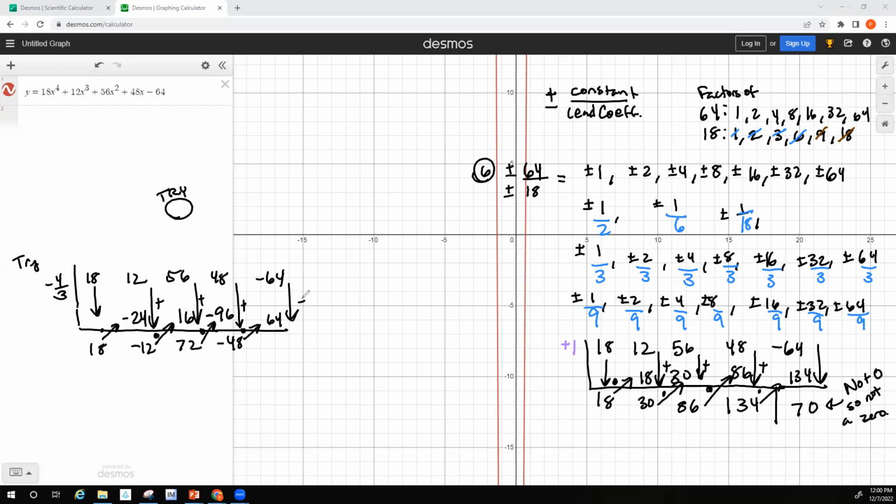Add, 0. So it's a 0. It's a solution. So -4/3 is one of the x's. Yay. We got 1. Looks like we have 2.